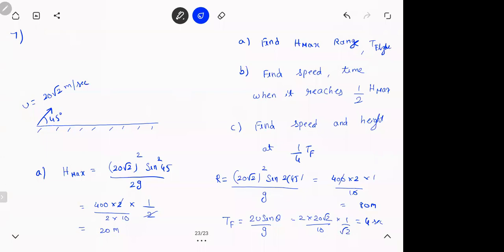Let's see. Now, first thing, listen carefully. There is nothing big magic, no tricks. Idea is pretty simple. You're throwing with 20 root 2 at 45 degrees.